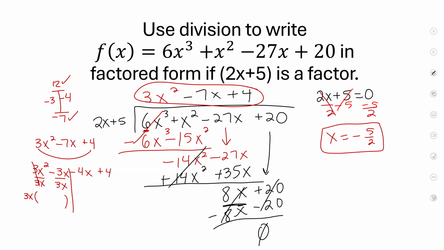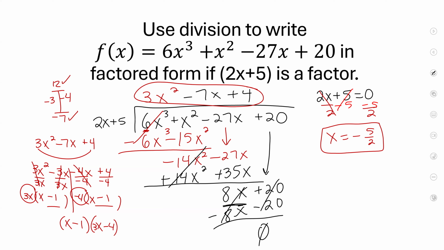Henry, what's left over? Good. Henry, what'd you divide by here? Good, by -4. So out here is -4. Can you tell me what's left over? Exactly. You see how those match? That goes in one of your parentheses. That's one of your factors. And what's on the outside goes in your other parentheses, 3x minus 4.